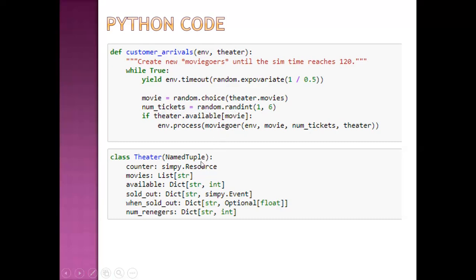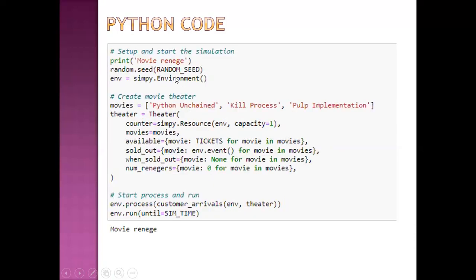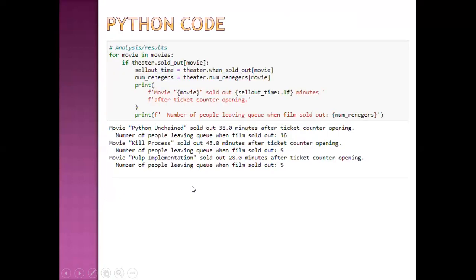So this is the theater class, and this is the setup and start of the simulation, and these are the three movies which are there, and this is a theater. Then we start the process until the simulation time, and we get this output.